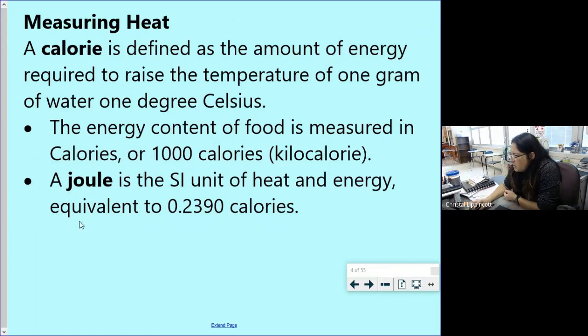A joule is equal to this many calories, little c. Now, why don't they use the little c on stuff? Because there would be just too many numbers. It's just too big. So that's why they do it in kilocalories.